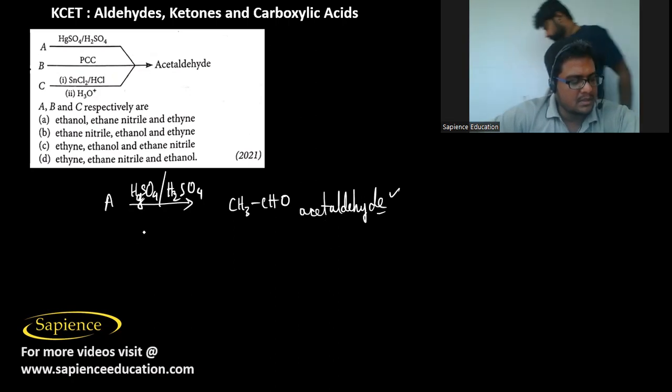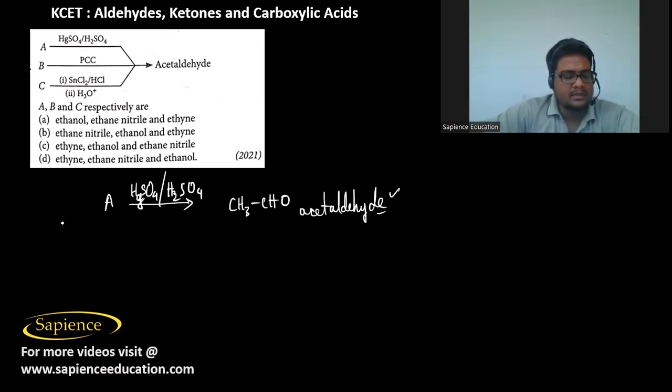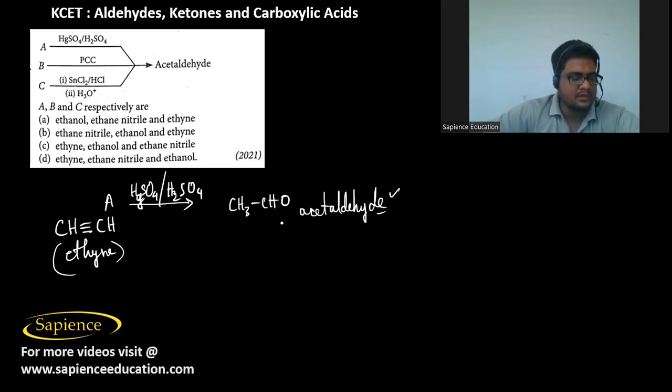Hence, it means the compound A should be ethyne, CH triple bond CH. Ethyne will be converted in the presence of mercuric sulfate.